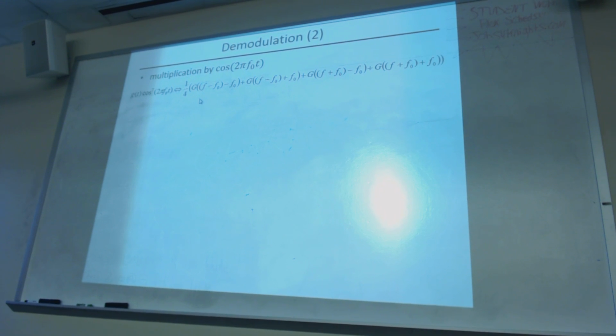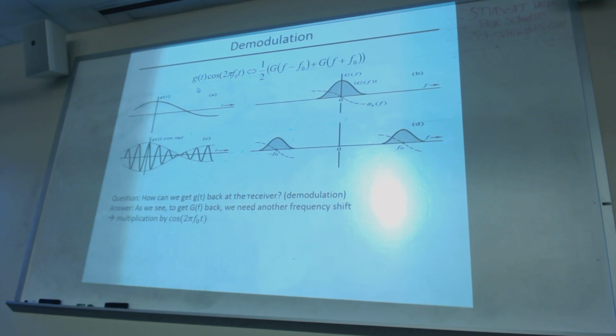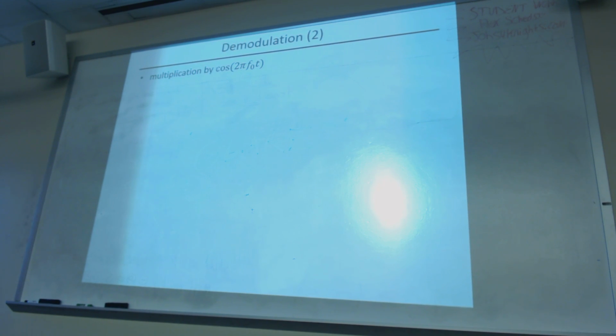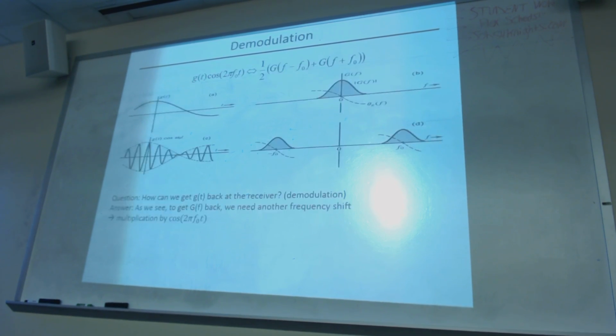So now let's mathematically see what happens. In the modulation, I have g of t times cosine, one cosine. And then at the demodulation, multiplied by another cosine. So now I have g of t times cosine squared, right? Okay. So multiplication by cosine, remember, is just shifting this to the left, shifting this to the right.